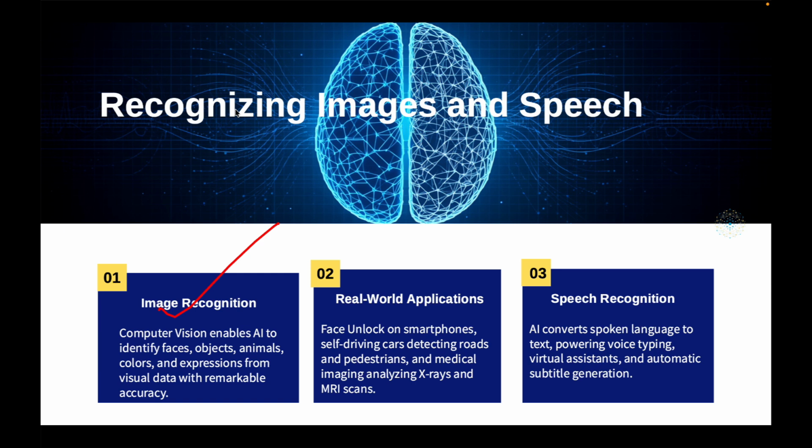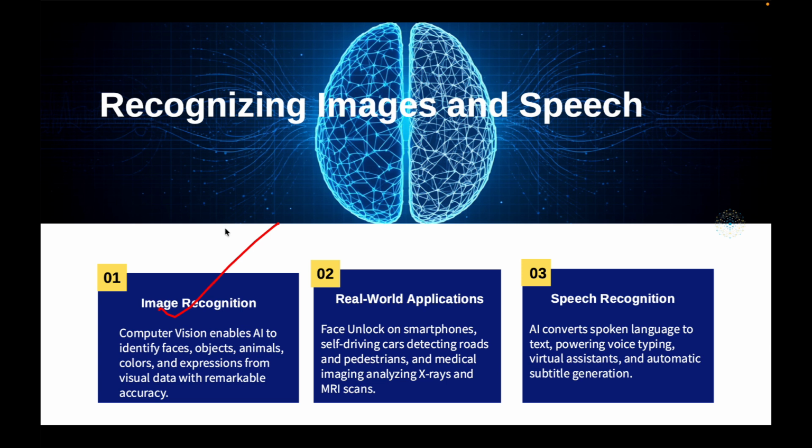AI learns patterns from thousands, even millions, of pictures to recognize what it sees. We already use this technology in daily life. For example, face unlock on smartphones uses AI to recognize your face securely. Self-driving cars use AI cameras to detect roads, traffic signs, vehicles, and pedestrians in real time.